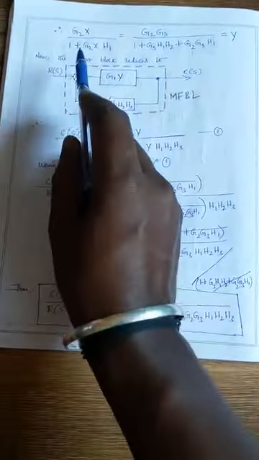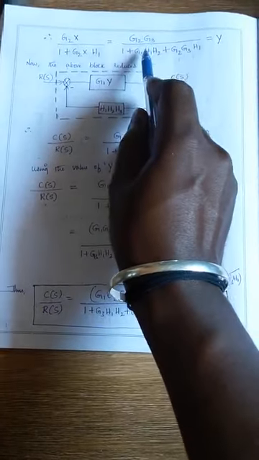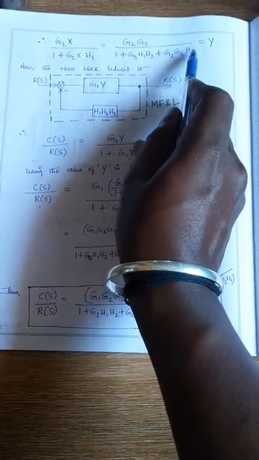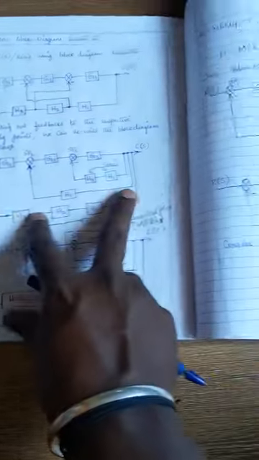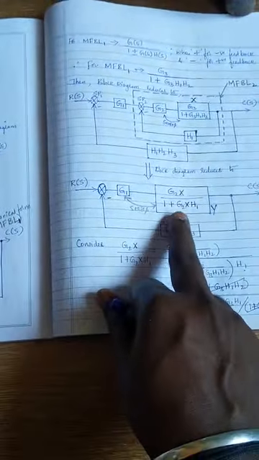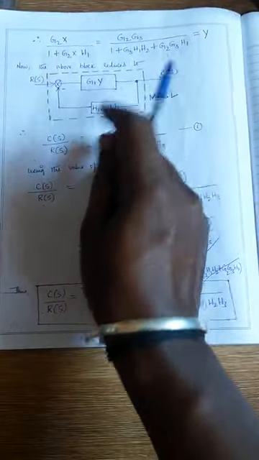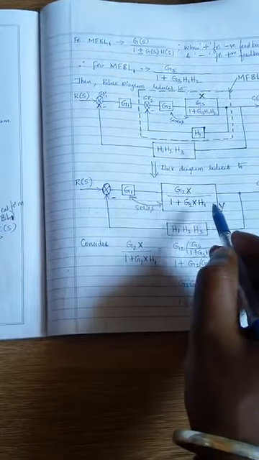Now, therefore, G2X by 1 plus G2X H1 is given as G2 G3 divided by 1 plus G3 H1 H2 plus G2 G3 H1, which was taken as Y. Now, the above block, this block, reduces to G1 into Y, because G1 and Y are in series.